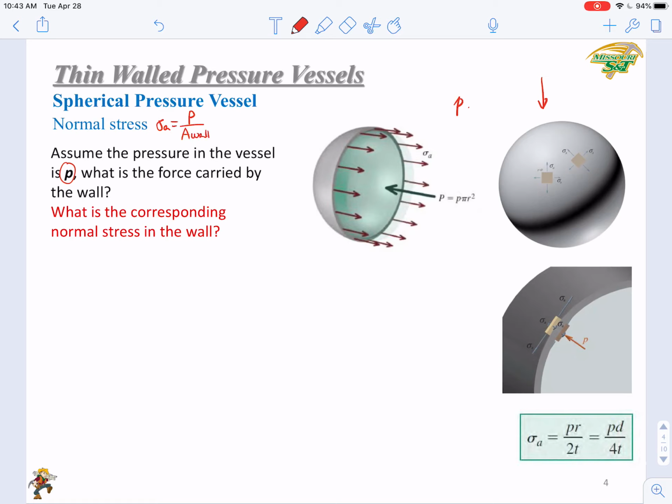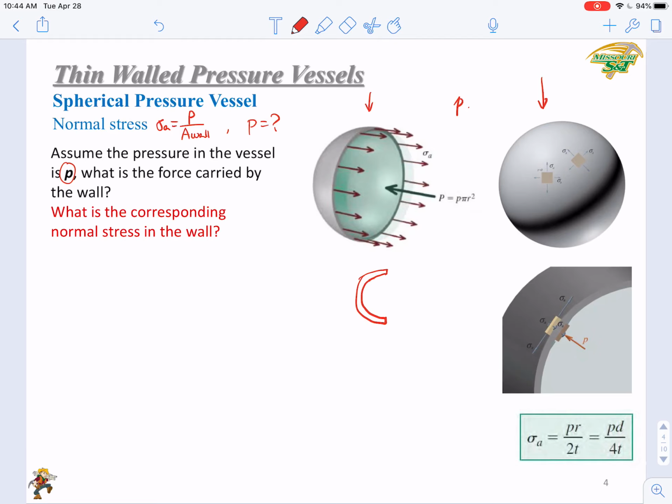So how to calculate the P? We already know that this vessel is subjected to inner pressure p. So let's sketch the cross section of it.